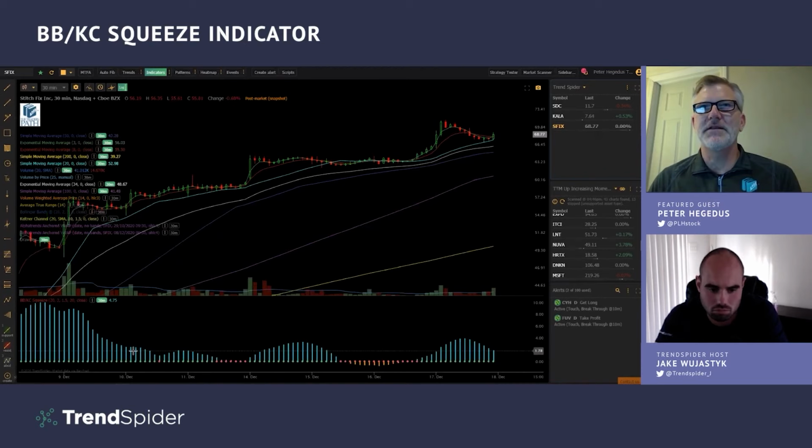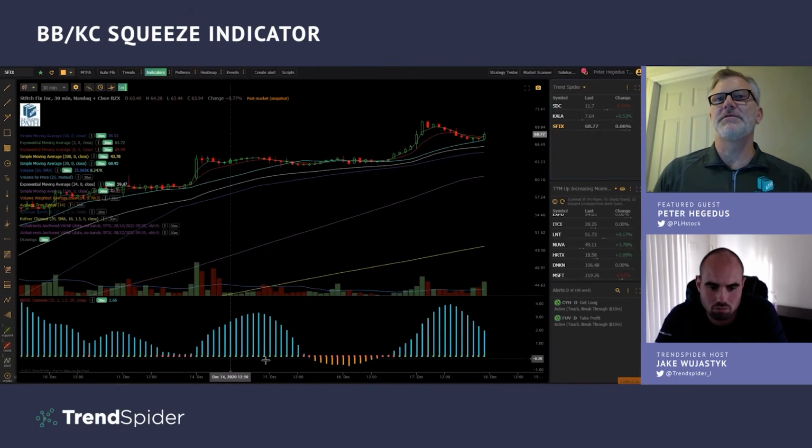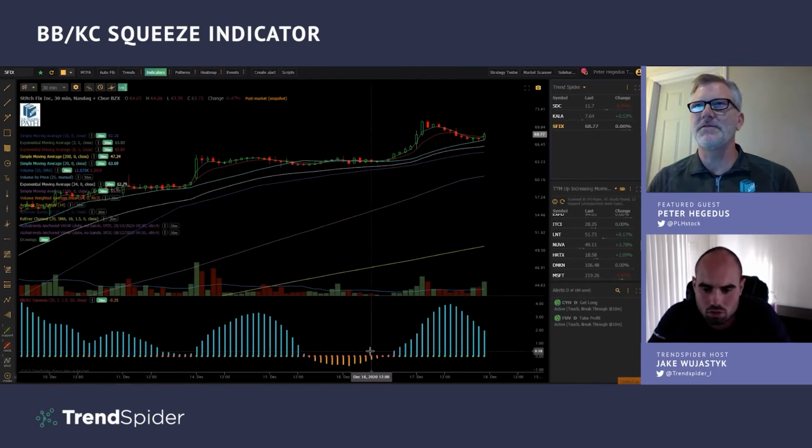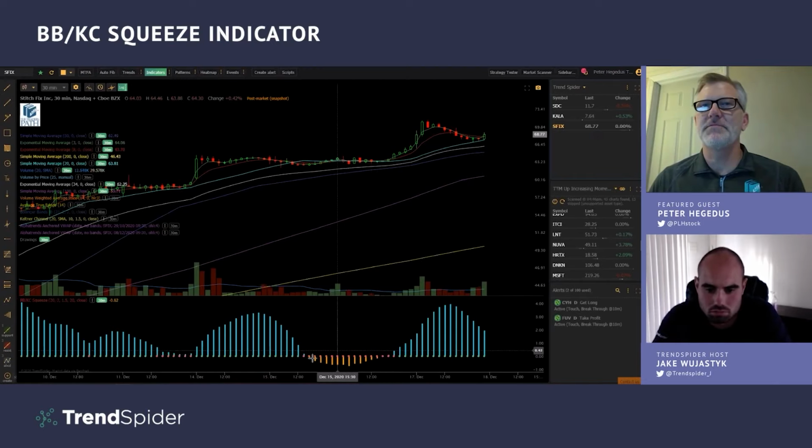And what I'm actually looking for when I'm looking for charts in a TTM Squeeze is I'm looking for these series of red dots. And that is telling me that that particular chart, and this can be used on all time frames, in this case, I have a 30-minute chart of Stitch Fix Up, is in a TTM Squeeze.